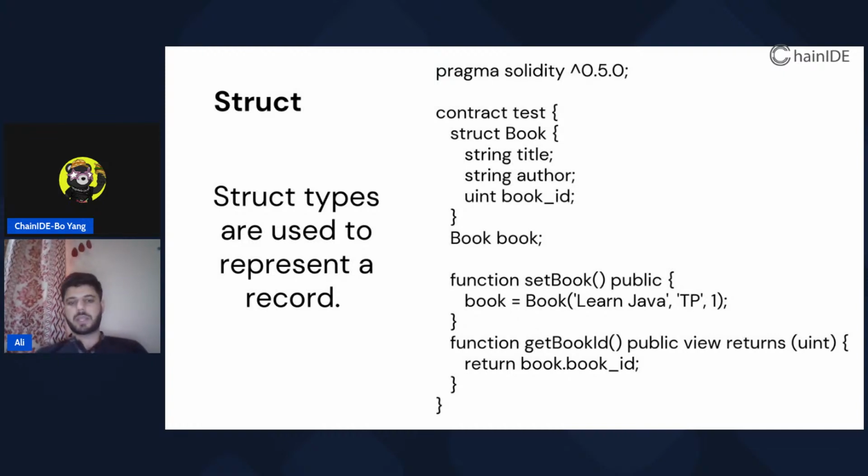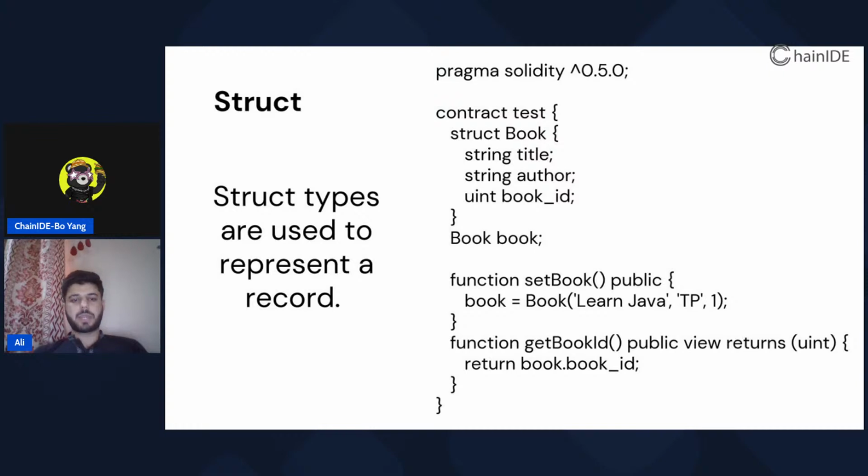So these are used to represent a record. Here we have a record for book one. The book title is Learn Java, the author is TP, and the book ID is one. If we want to get the information stored using the structure, we will use the structure instance and then the value type.